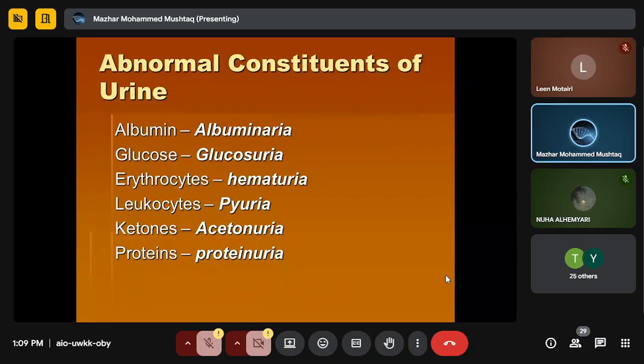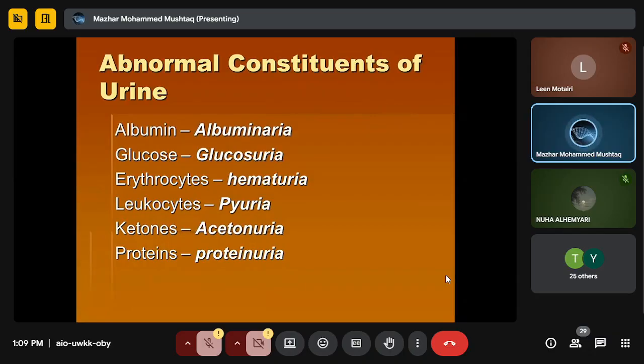Erythrocytes, if present, are called hematuria, from the heme word, from blood. Leukocytes, since they are indicative of infection, we call pyuria. Ketones, since they are acetones in nature, we call acetonuria, or you can also call it ketonuria, but acetonuria is the more appropriate form. If proteins are present, we call it proteinuria.